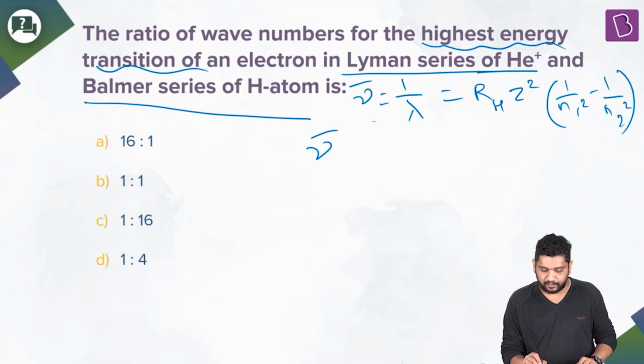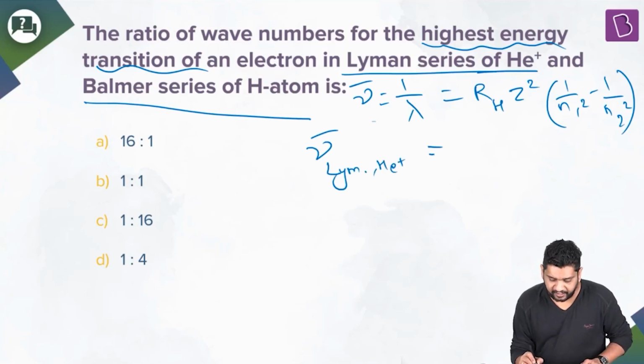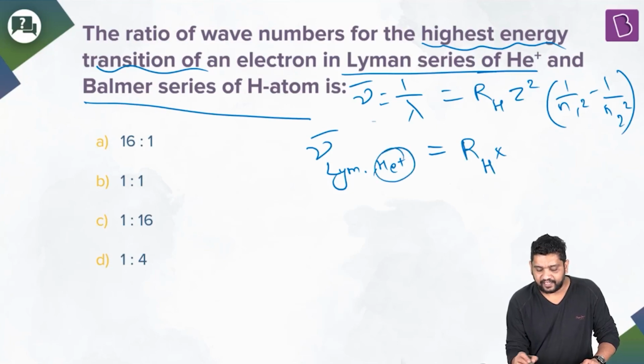So first let's look at the ratio. Let's speak about the wave number of the Lyman series of He plus, and that too the highest energy one. Highest energy would mean it is jumping from infinity to 1. So this will be RH into Z of helium plus.